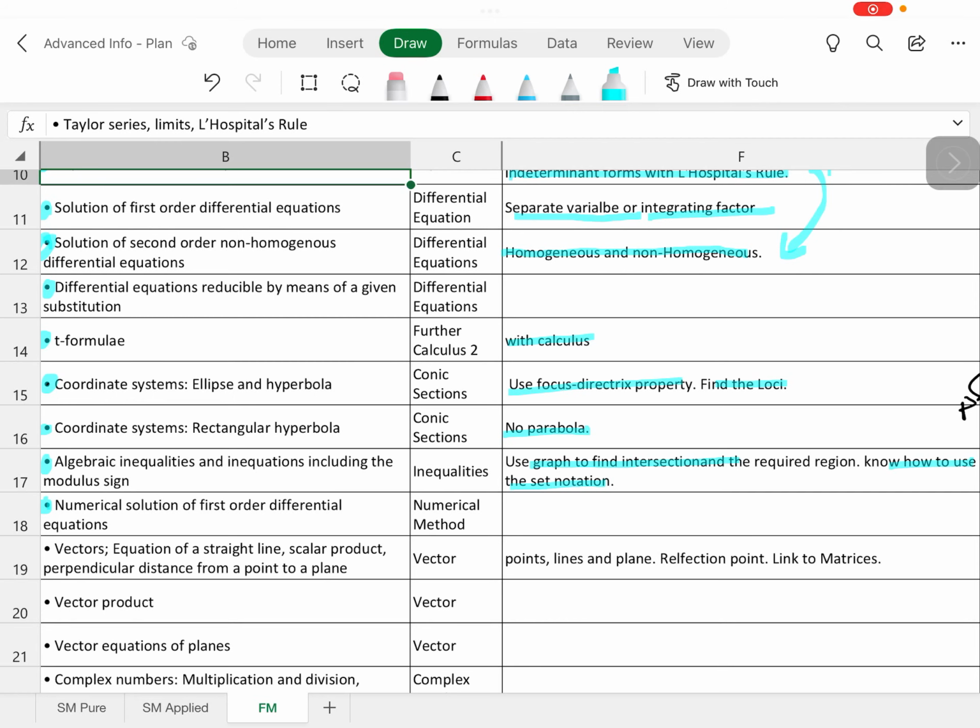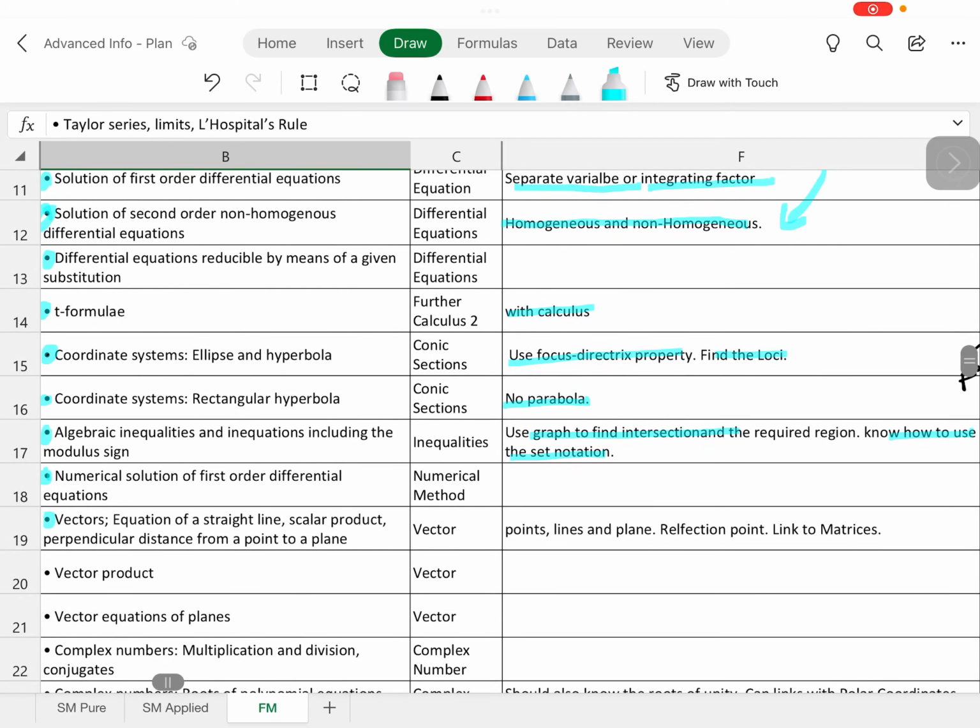Next one, vectors. You can see there are 3 bullet points for vectors. Mainly you should know the links between points, lines, and planes.